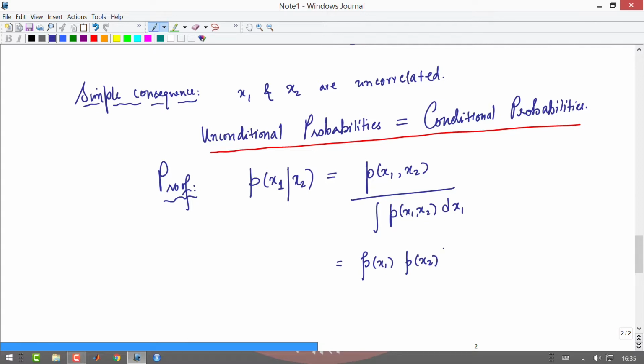Okay, so if the variables are uncorrelated, the joint probability density is simply product of individual probability densities. And by the same logic, I can write down the denominator as p of x1 into p of x2 integrated over all values of x1.